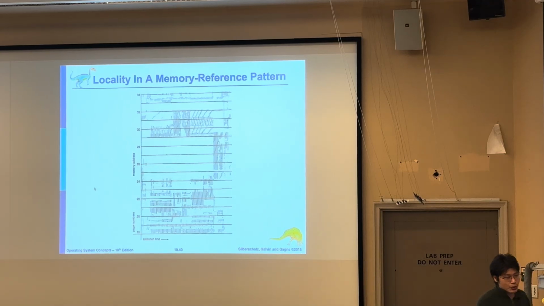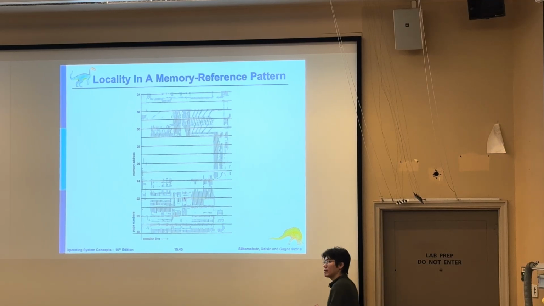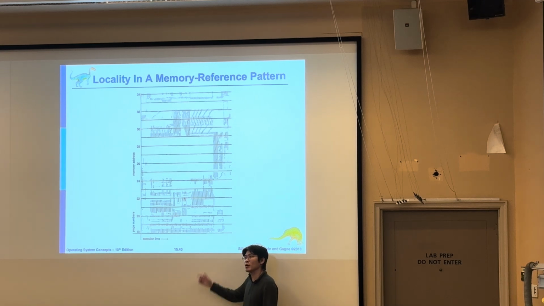From this diagram, can you tell me the smallest amount of physical memory that you need to avoid thrashing in this specific computer? What is the smallest amount of memory you have to have to avoid thrashing?